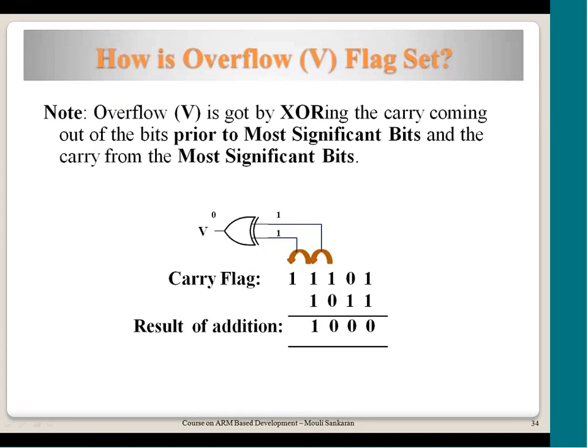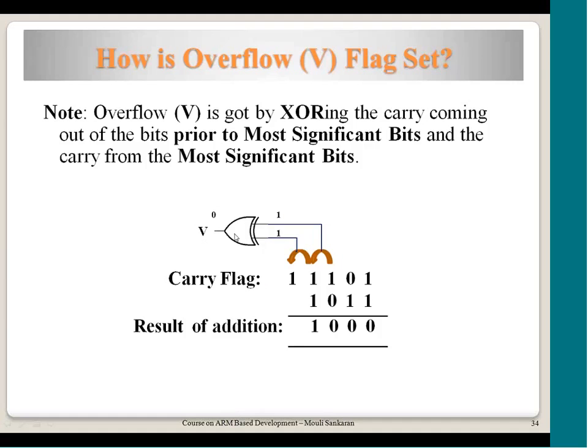Now these two carries are XORed to come up with the overflow flag. So this is the way the overflow flag is set. Anyway, this corresponds to the correct value, but this is a way to see whether the overflow flag will be set or not.